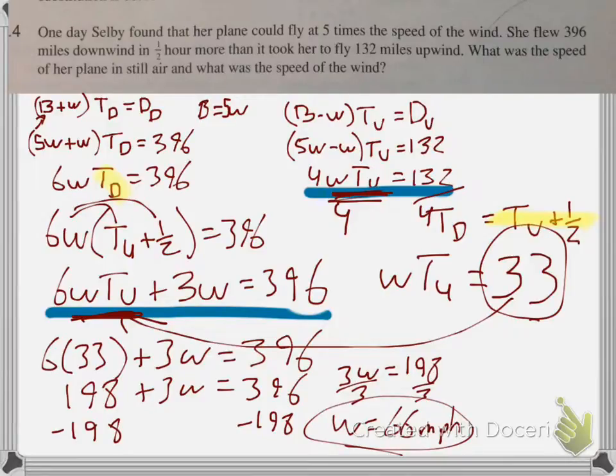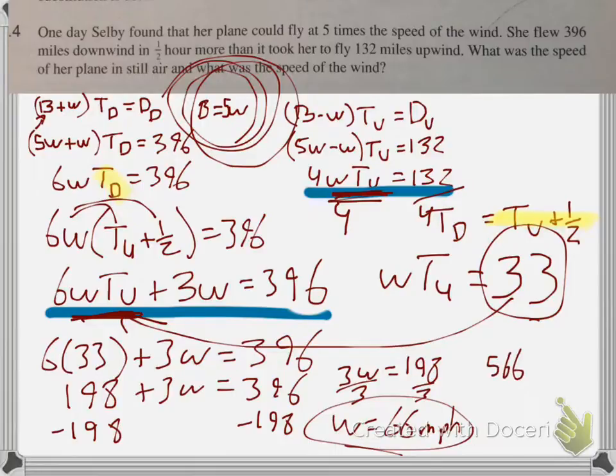But we also need the speed of the plane, and the plane is 5 times the speed of the wind. 5 times 66 is 330. 330 miles per hour.